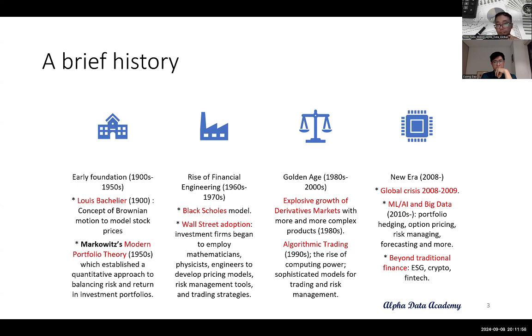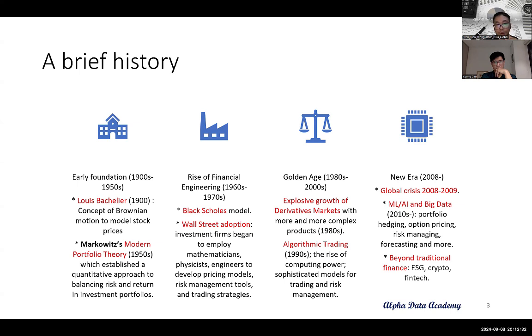And the second important bullet point that I would like to highlight in the rise of financial engineering is the Wall Street adoption during this time. I mean, investment firms began to employ mathematicians, physicists, engineers, computer scientists to develop pricing models, risk management tools, and trading strategies. Right.